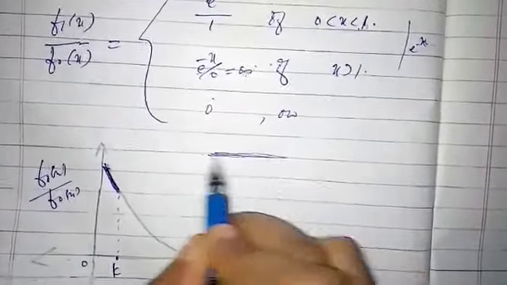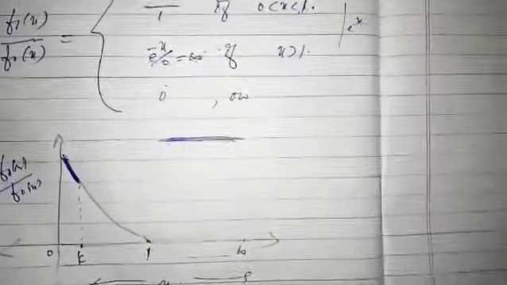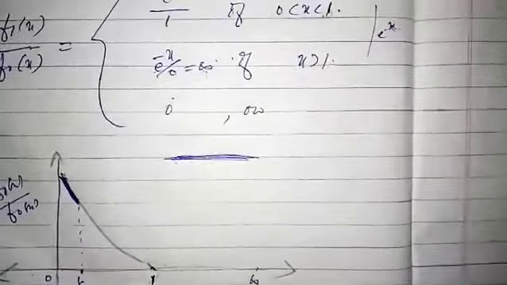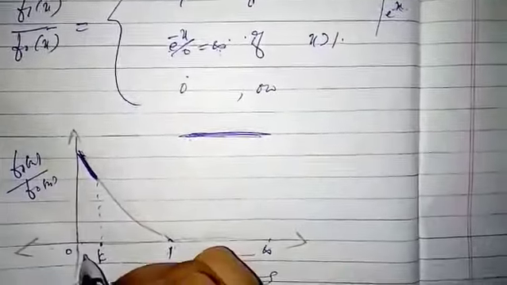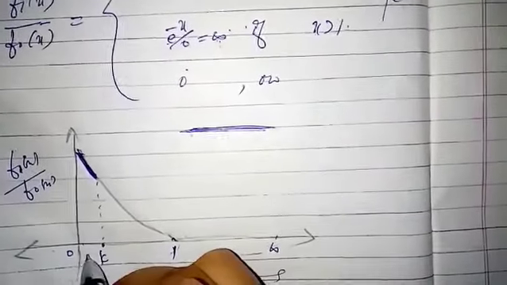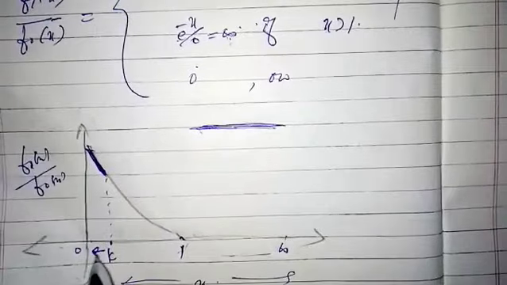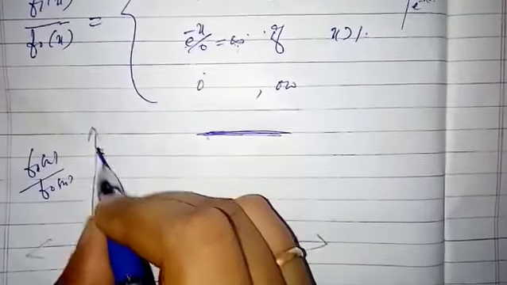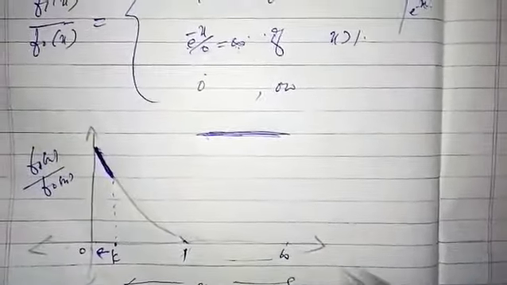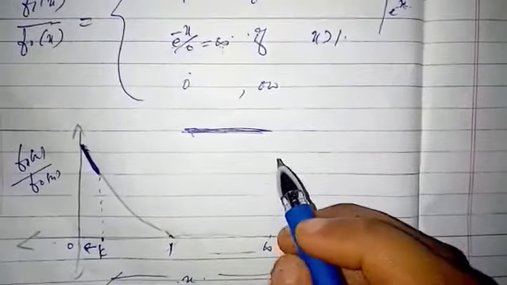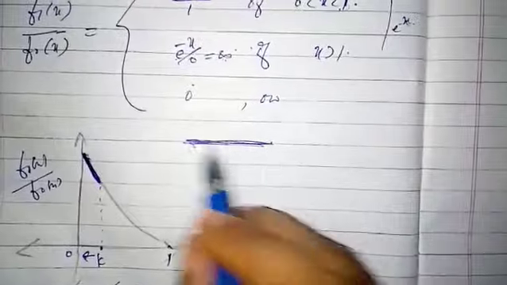So we reject h0 for x less than k, which is the large ratio, or x greater than 1, where the value is infinite.